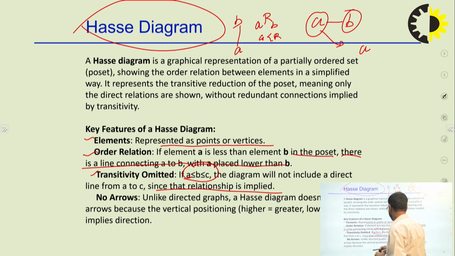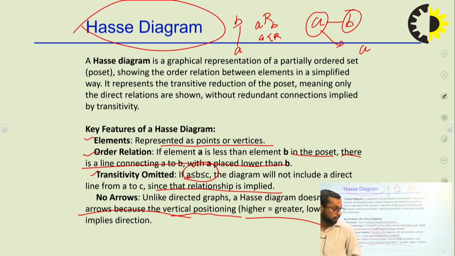Unlike a directed graph, a Hasse diagram does not use arrows, because the vertical position, higher for the greater value and lower for the lesser, implies the directions. What does it mean?